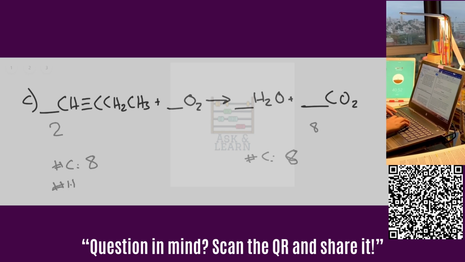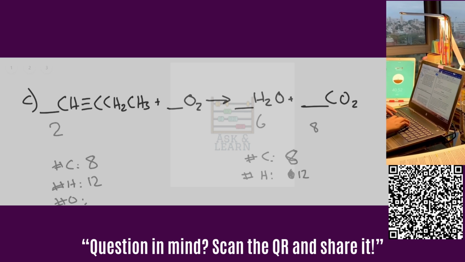We look to the left for the number of hydrogen atoms. We have 6 hydrogens in one molecule, so times 2 is 12. Then on the right, we need a coefficient of 6 for water to give 12 hydrogen atoms.